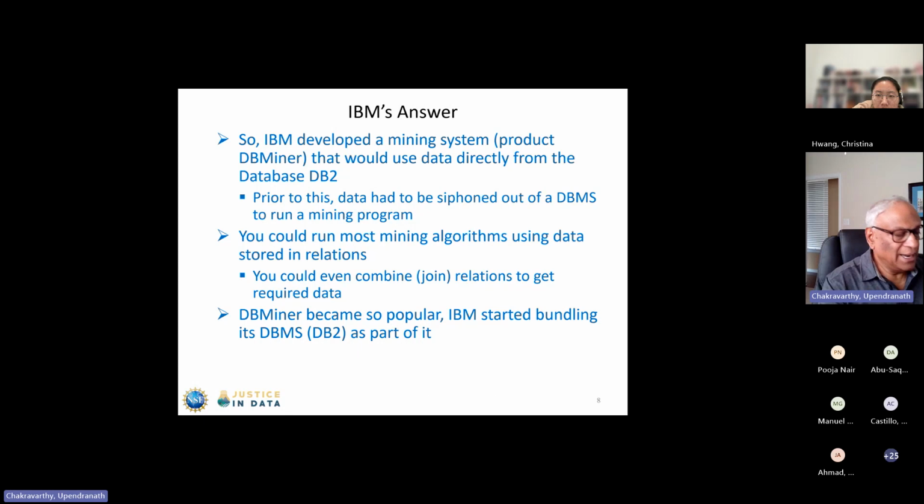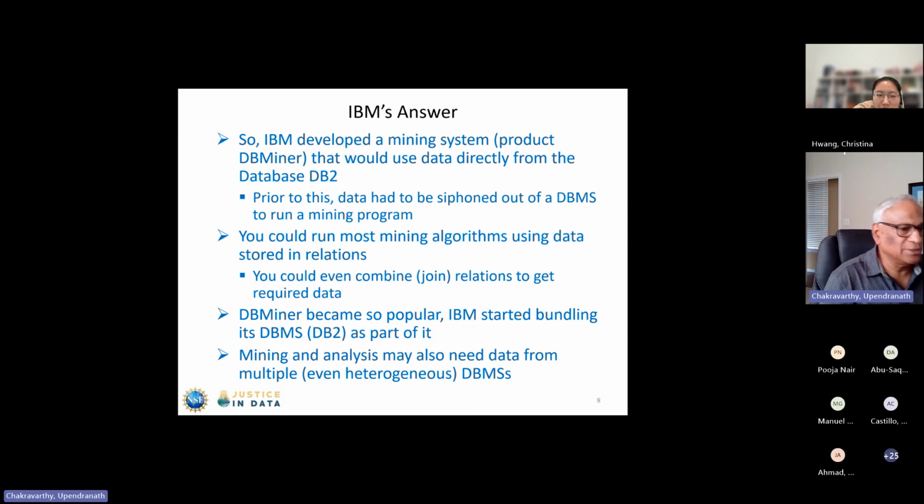DB Miner as a mining platform running on DB2 was also quite expensive, and because there was such high demand for DB Miner, they started bundling parts of the DBMS into it so that people can store their data. This just shows the effect of having data in multiple sources, multiple places, in multiple formats, and how it affects things.